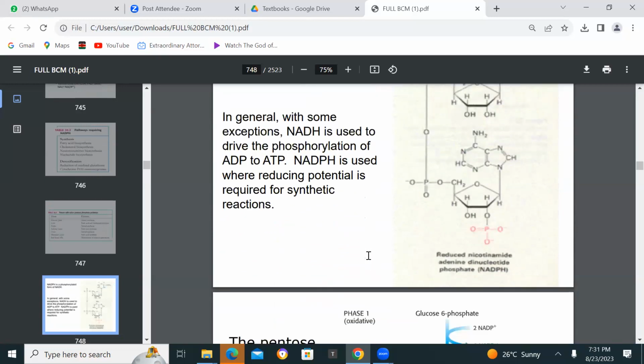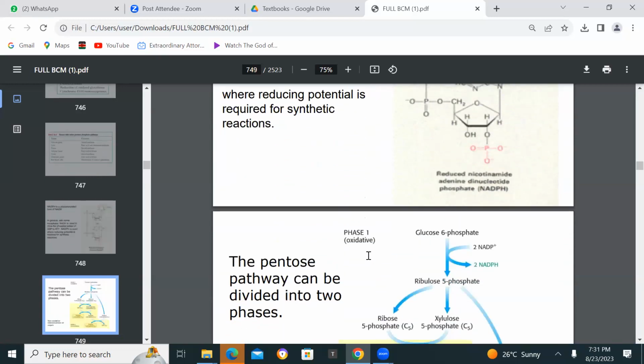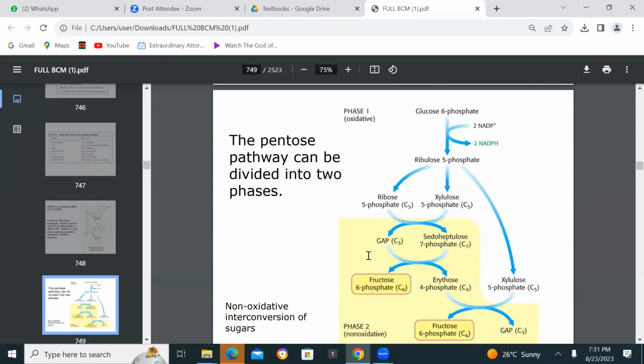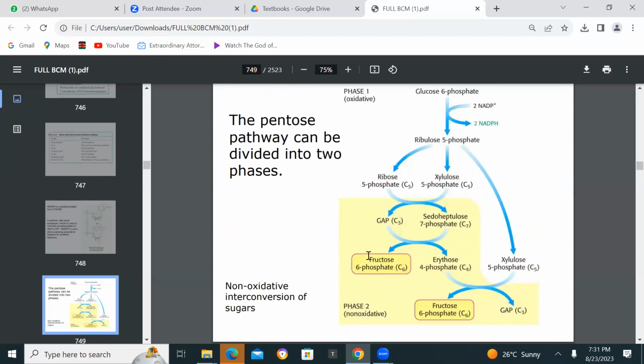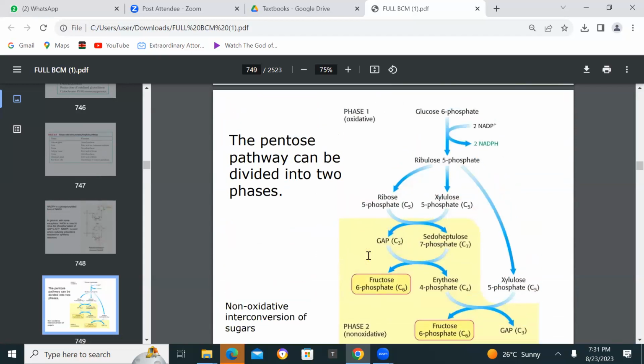It happens in the cytosol, in two main phases, an oxidative phase and a non-oxidative phase.